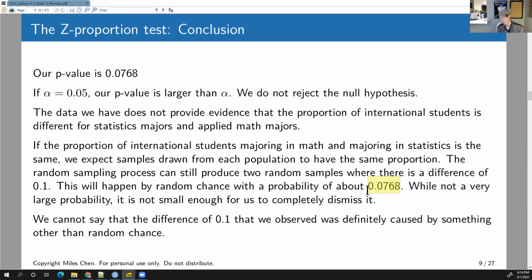What I have to say is that it still could happen by randomness, and so I'm not ready to dismiss it. Therefore, I'm not ready to reject the null hypothesis. We can't say that it was caused by something other than random chance.